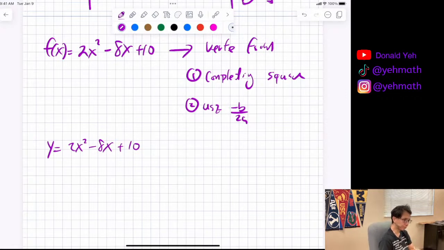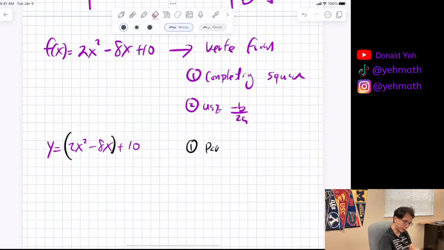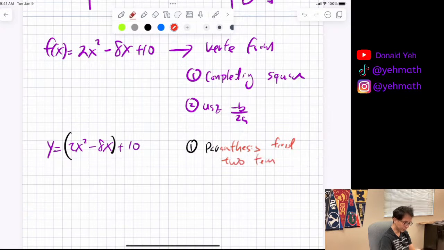First, you're gonna put parentheses around the first two terms. So first step is parentheses around the two terms.